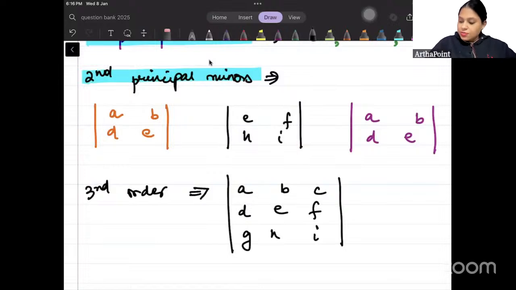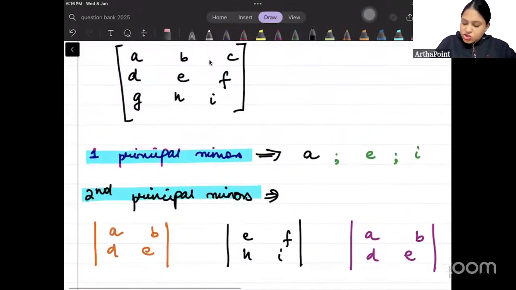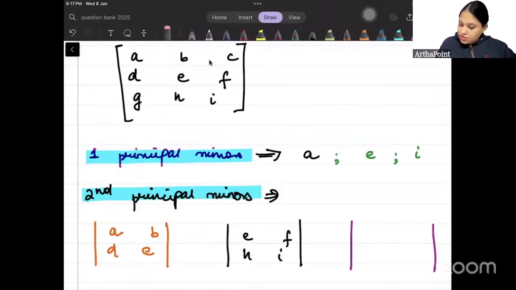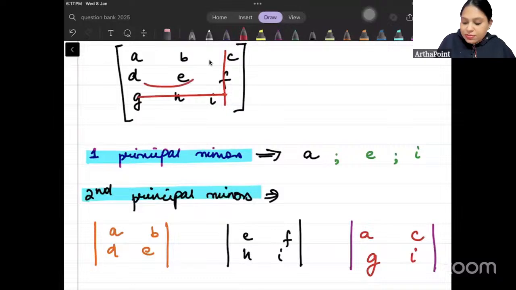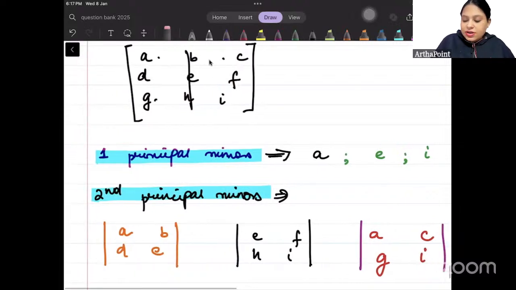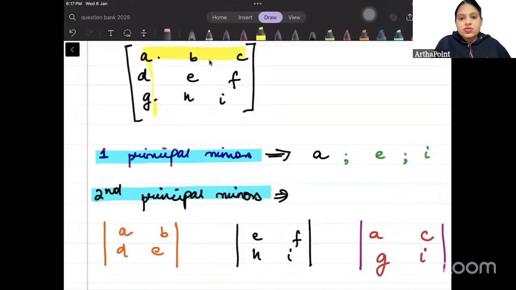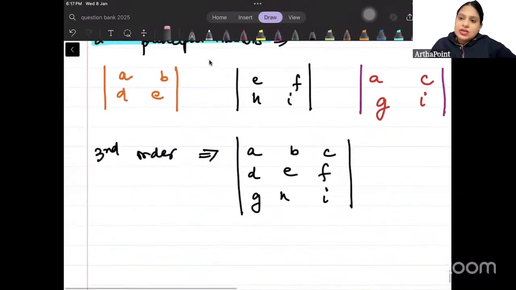Eliminating the third row and third column gives this, eliminating the second row and second column gives this, and eliminating the first row and first column gives this. So you will get 3 principal minors of order 2. And then this will be the last one.